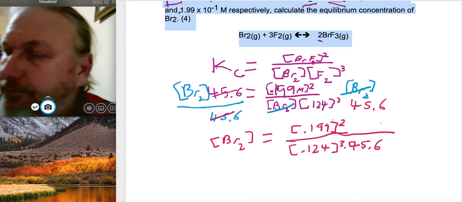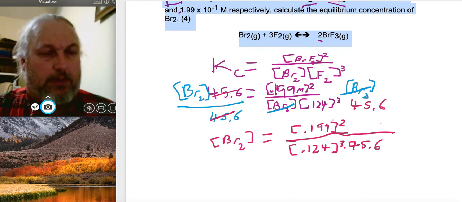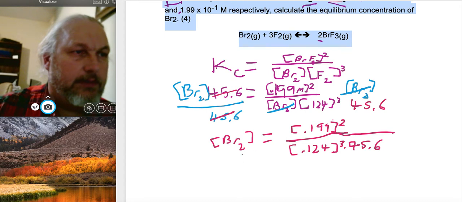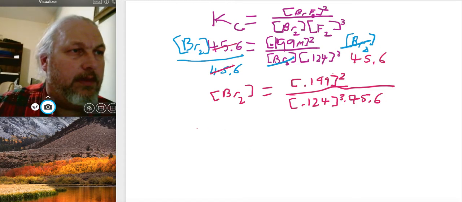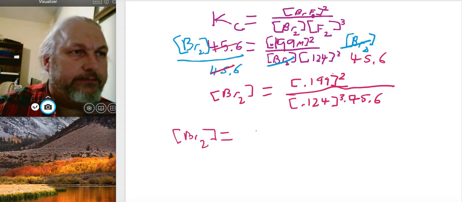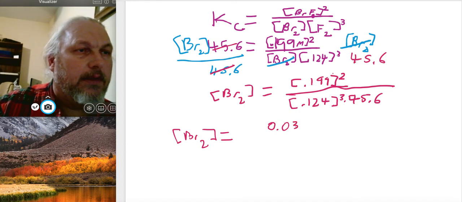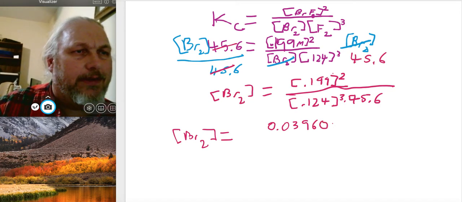If I do my math here, 0.199 squared is 0.039 and so on. We'll put all of our numbers in so we can get as close as we can.